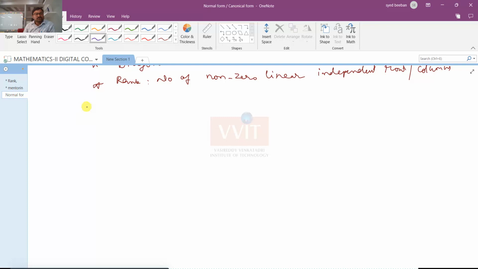You will be given a matrix A of size m by n. This matrix A is reduced to a diagonal matrix in this process, and I use both row operations and column operations simultaneously.